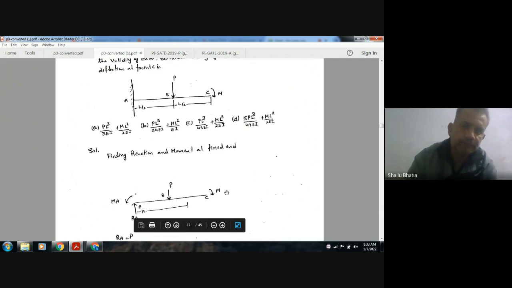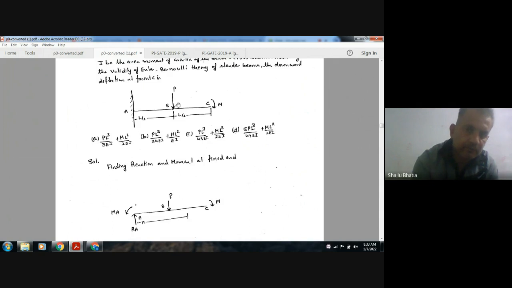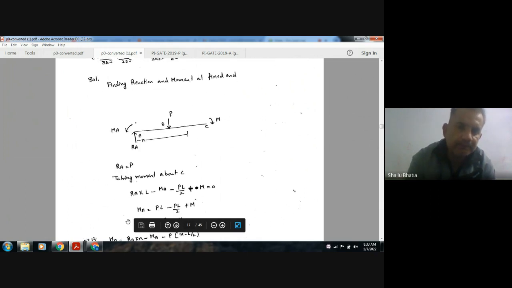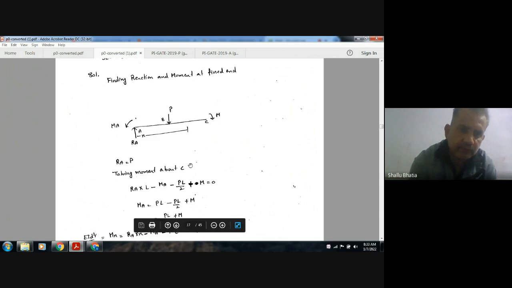Okay, so here the P load is acting, here the moment is acting, and here the reactive force RA and moment MA are acting. Now, taking the balance of forces, we can find out RA is equal to the total upward load.